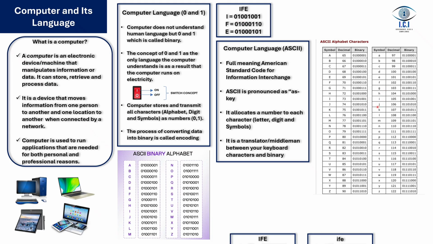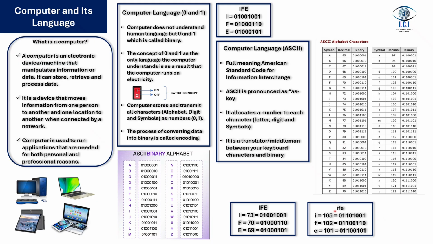Now, if you look at it, the small letter ife is different from the big letter Ife. So the computer, for each character, for each number, for each symbol, has its unique ASCII number.